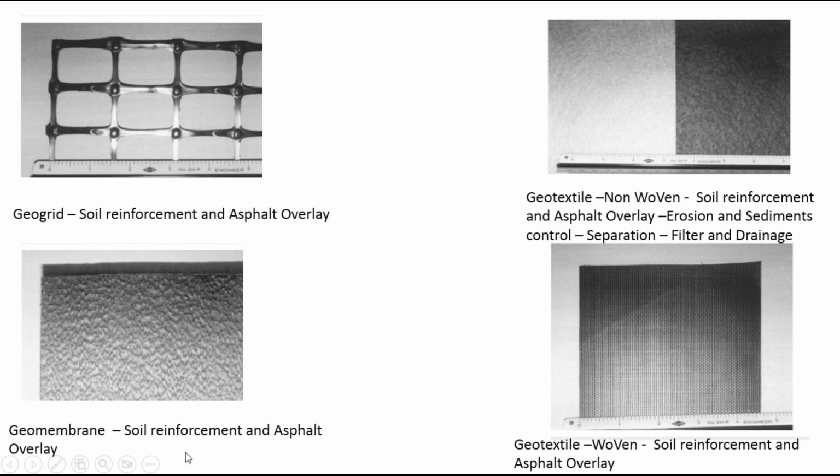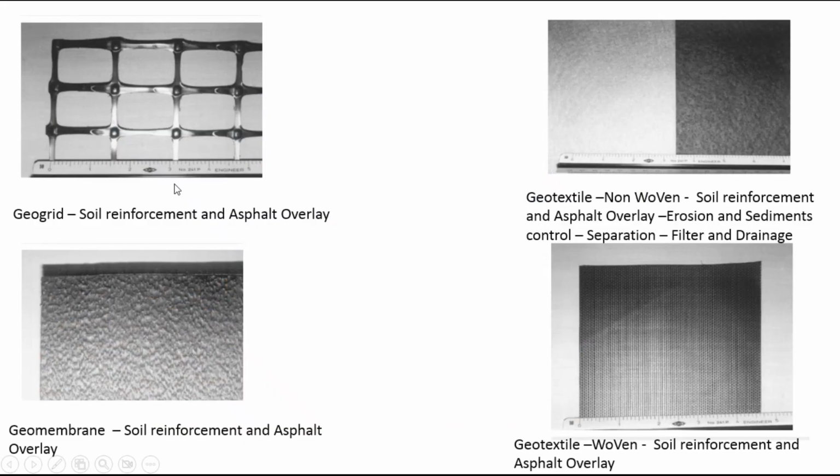And the fourth one is geonet and geocomposite. It is a mixture of geonet, geogrid, as well as geomembrane together, which is called a composite, and it has applications similar to reinforcement, asphalt overlay, drainage, and filtration material.